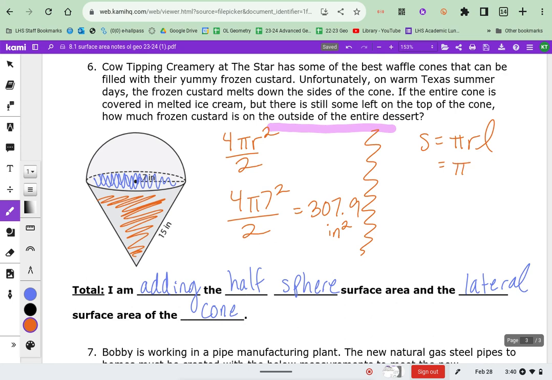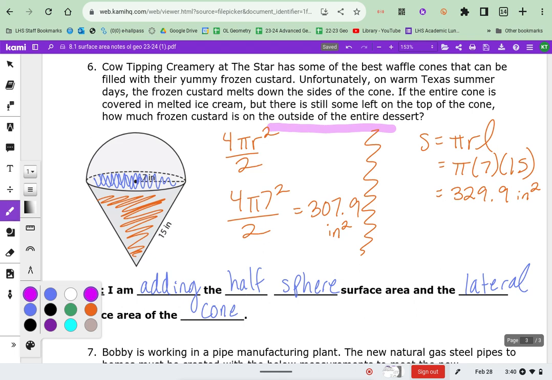So pi times 7 times 15. So we'll figure out what that is. Okay, I got 329.9.